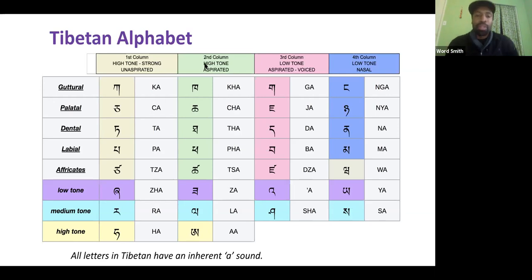Okay? So for this column, it's going to sound like this. You feel air. You'll say ka, cha, ta, pa, za. I'm exaggerating for effect so you can hear the difference. Each one of them will have like a ha. And if you hear a Tibetan speak, it's not going to be that exaggerated, that distinct.